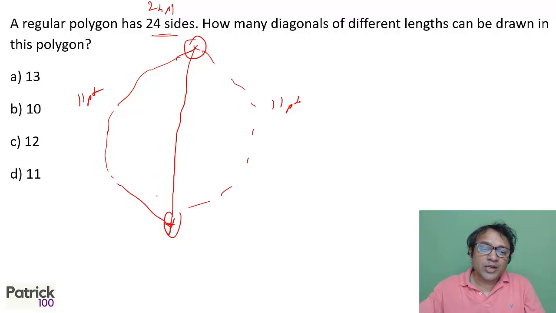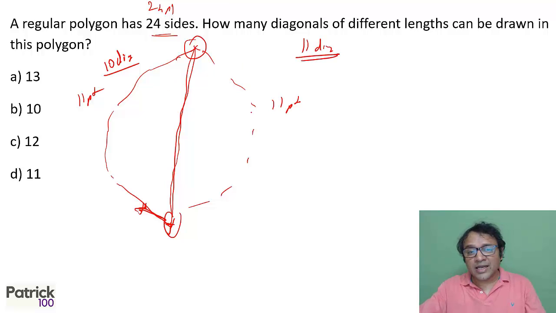Now from this point, apart from the adjacent point, you can draw a diagonal to all the other points. So you can draw 10 diagonals, plus this big diagonal, 11 diagonals.